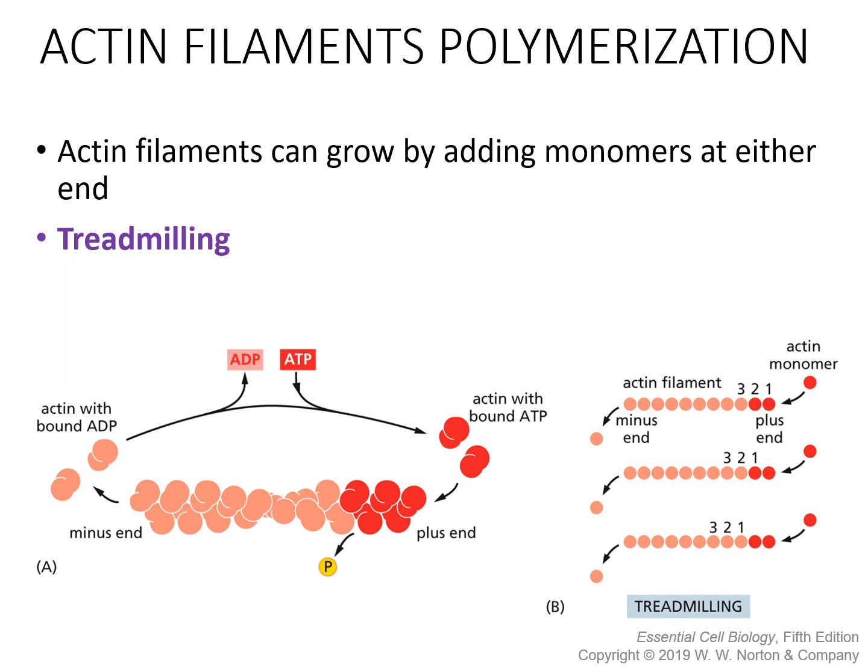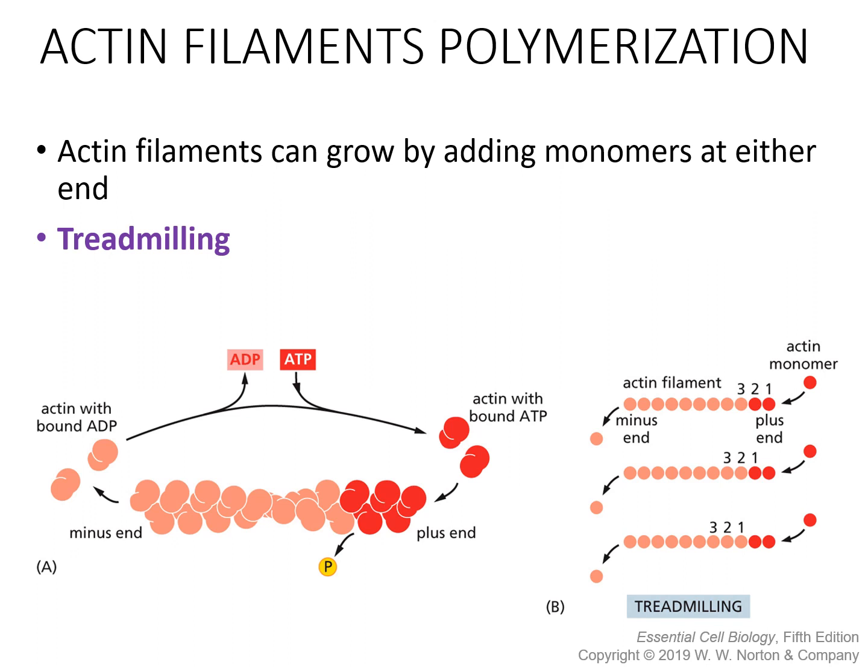But if there is an intermediate concentration of actin monomers in the cytoplasm, you will see a scenario called treadmilling. Treadmilling happens when, at an intermediate concentration of actin monomers, the plus end grows faster than the minus end.